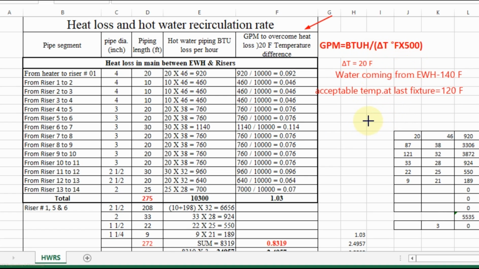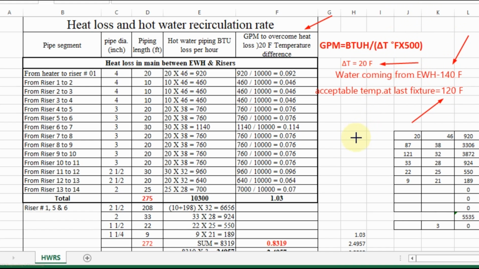Delta T is the difference between the hot water temperature in degrees Fahrenheit coming from the electric water heater and the acceptable temperature at the last fixture. Assume the acceptable temperature for the last fixture is 120 degrees Fahrenheit and the electric water heater is supplying hot water at 140 degrees Fahrenheit, then the value for delta T will be 20 degrees Fahrenheit.